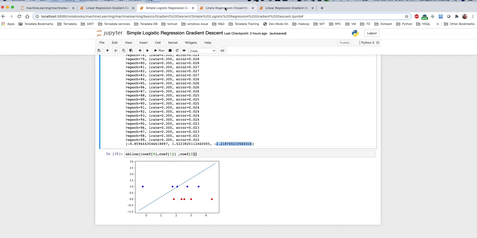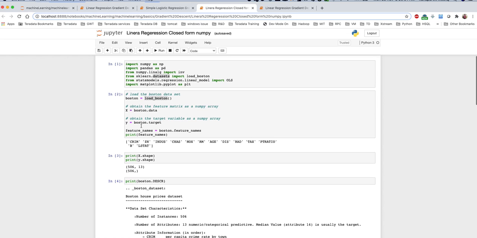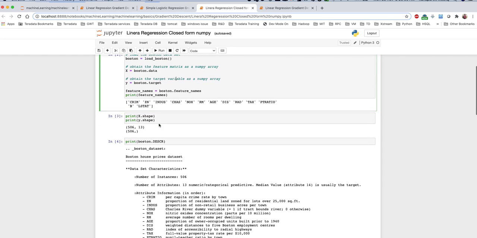Now let us look into some multiple dimension examples. It's easy to plot a 2-dimensional and 3-dimensional graph, but it's not possible to draw a graph for multiple dimensions. Let us take one example. I have loaded some libraries and am loading the Boston data from the sklearn data sets.